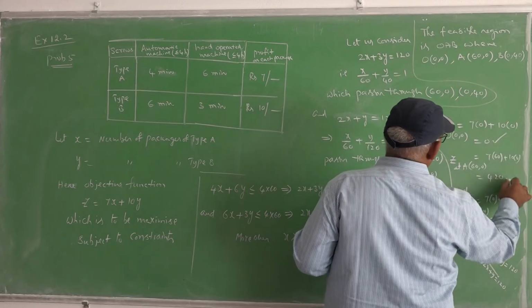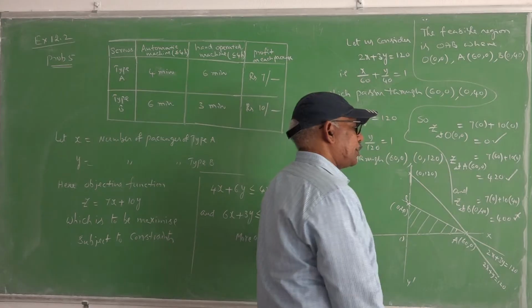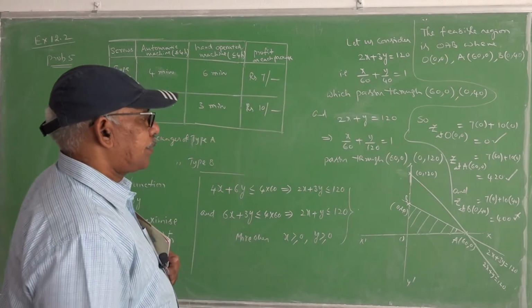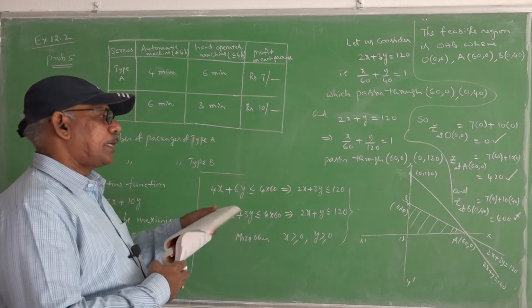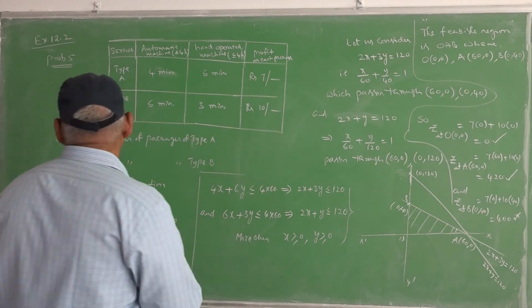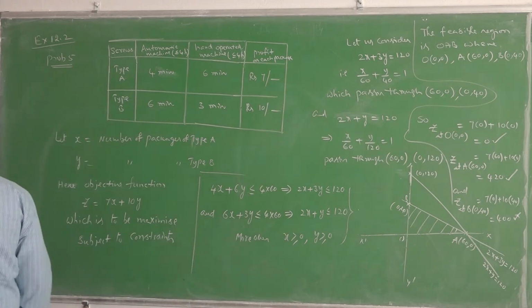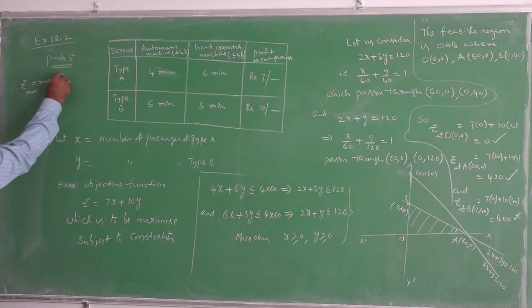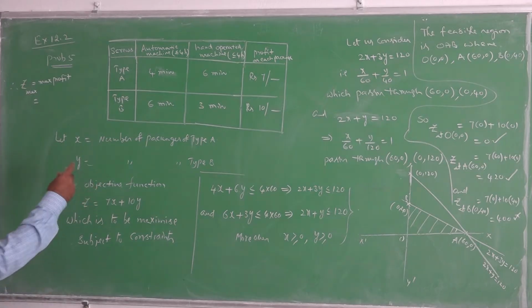Out of these three values, the maximum value is obtained at A. The maximum value is 420 here. So Z maximum, that is maximum profit, is 420 rupees.